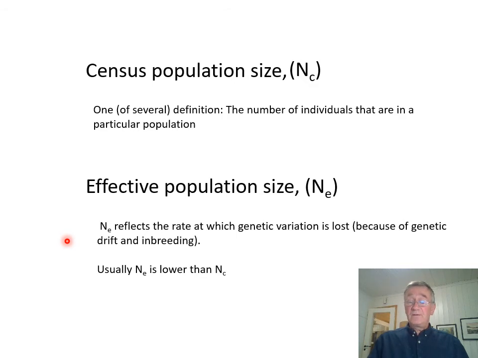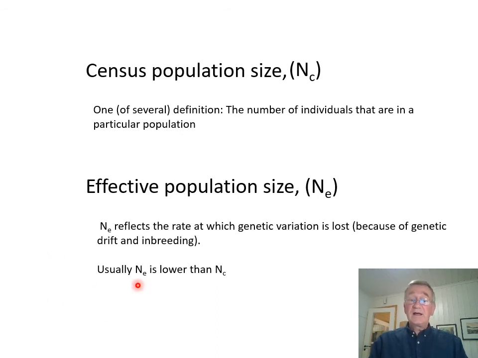So if we think that we have a huge population, but the effective population is maybe not that big, for one reason or the other, as we shall see, maybe there are just a few individuals in this population that are actually breeding. Then the effective population is much smaller, and we would expect that the genetic variation will be lost much more quickly.